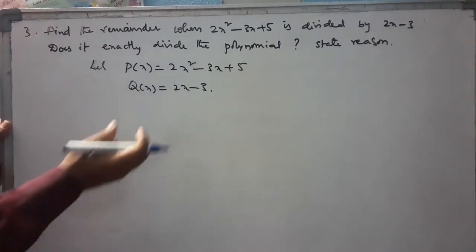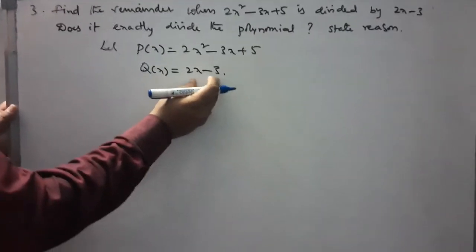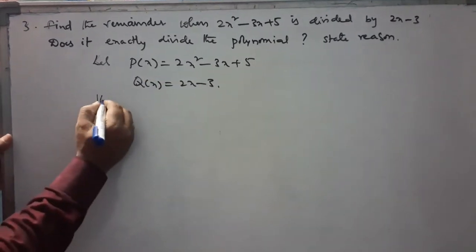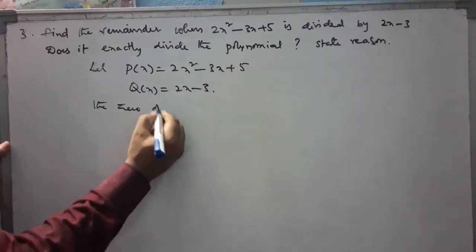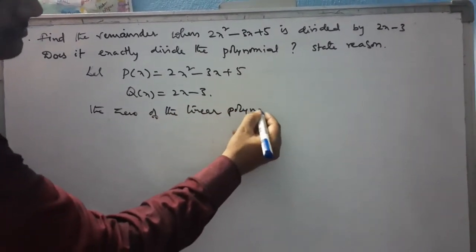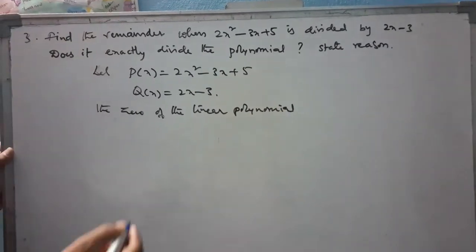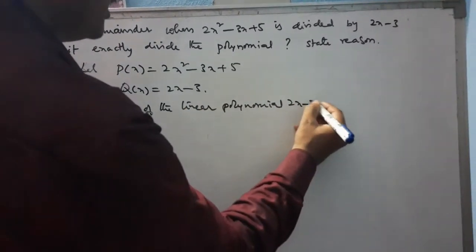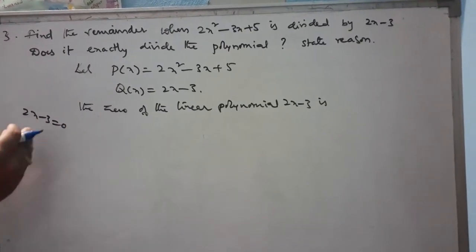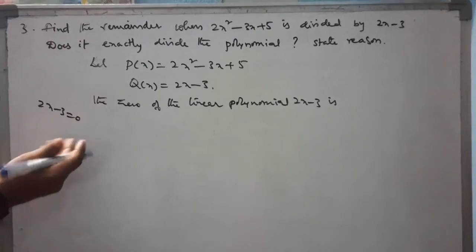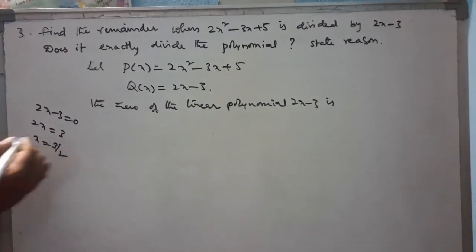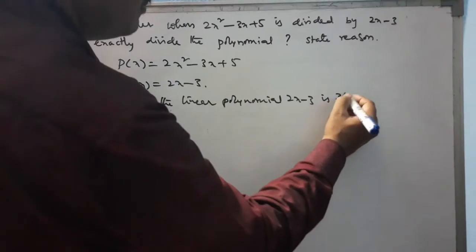First of all we have to find the 0 of this linear polynomial. The 0 of the polynomial 2x minus 3: 2x minus 3 equal to 0. Transfer minus 3 from the left side to the right side, that is 2x is equal to 3, x is equal to 3 by 2.